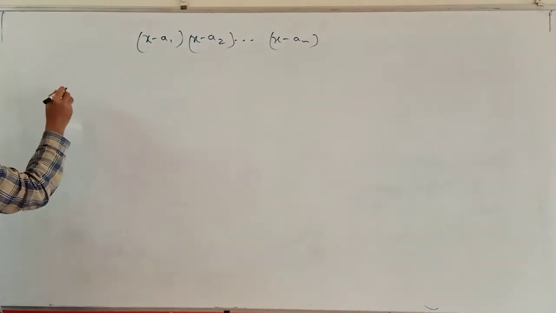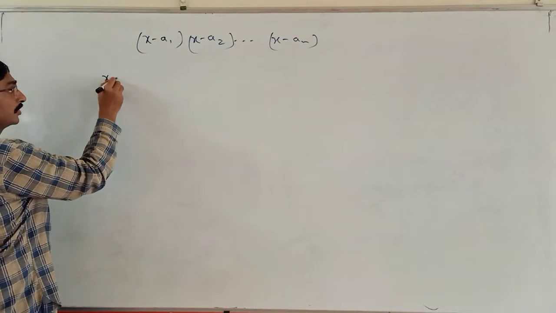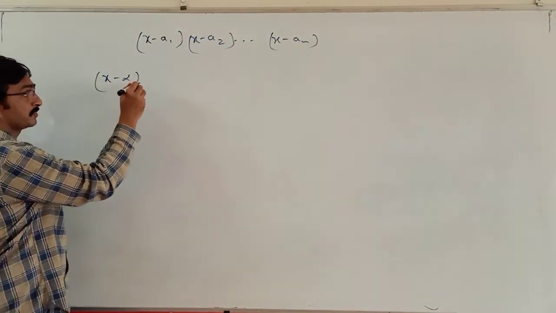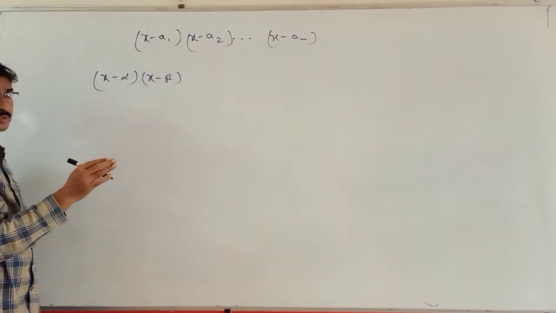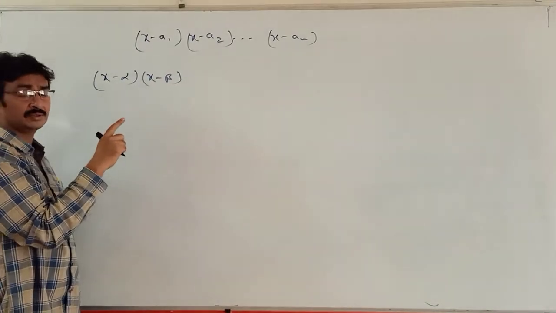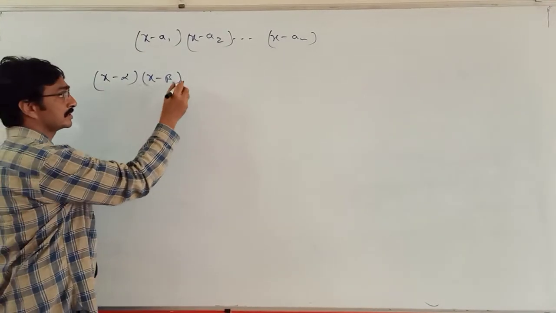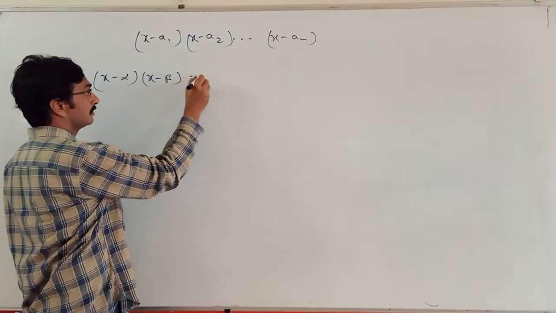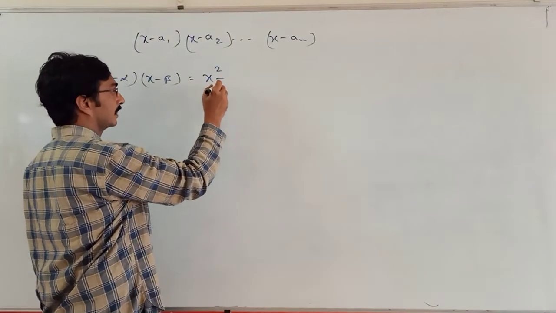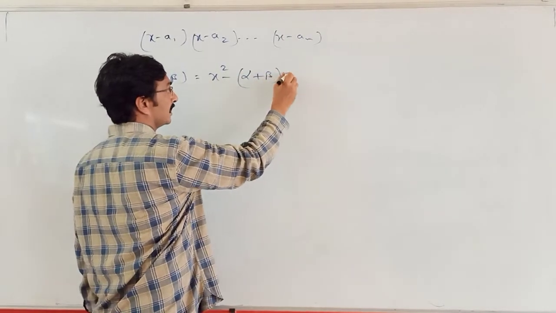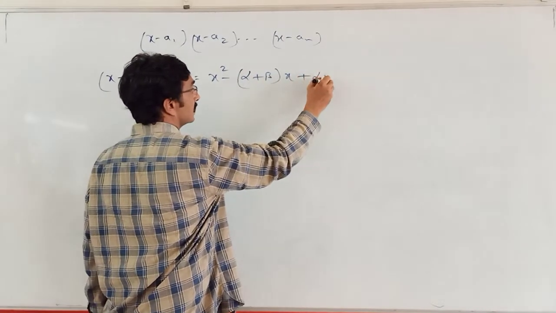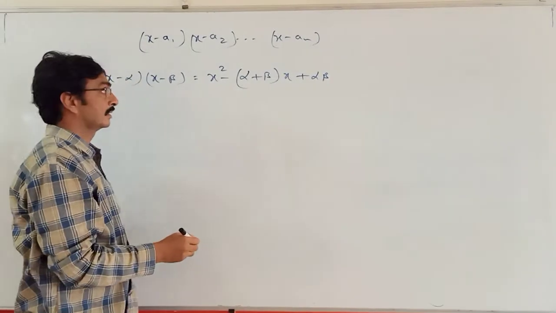All of you know the quadratic equation having roots alpha and beta: (x minus alpha) into (x minus beta) equal to 0. On simplifying, x squared minus (alpha plus beta) into x plus alpha into beta.